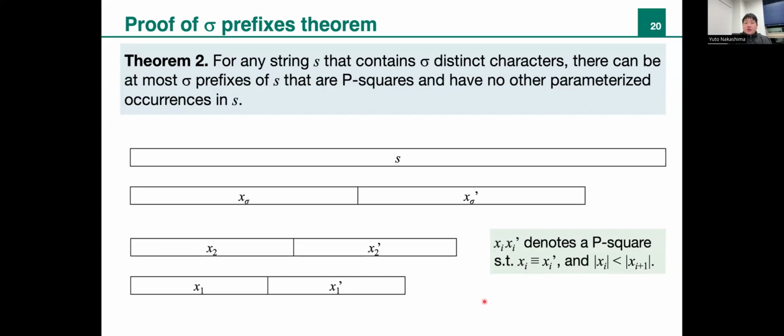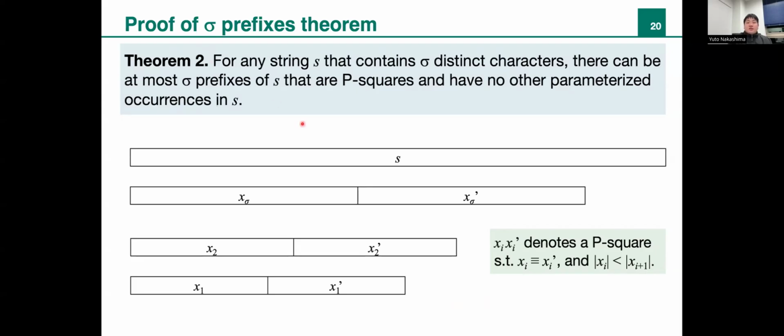From now on, I will give a proof of our main result, the sigma prefix bound, by using the three previous lemmas.